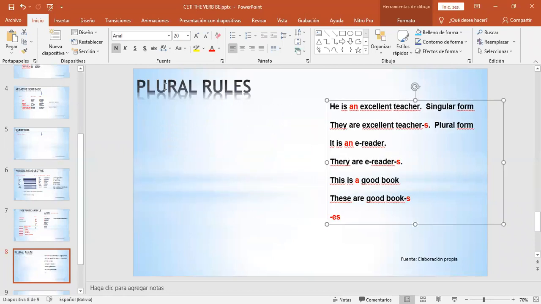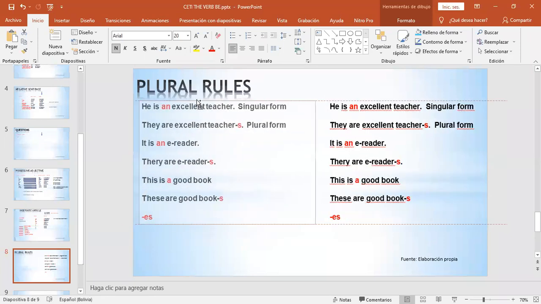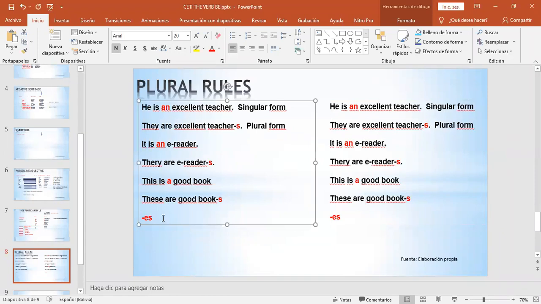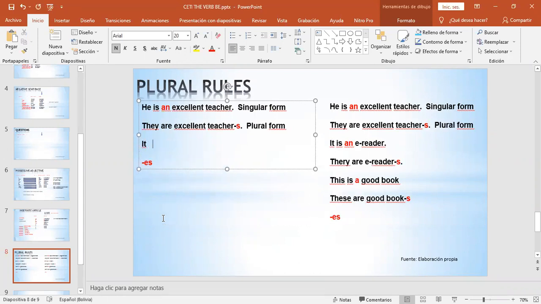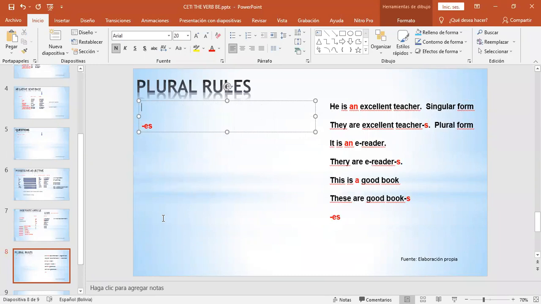Okay, in order to explain that, I will tell you plural rules. What does plural rules mean in Spanish? It means reglas. Reglas en plural. Yes, that's right. That is the meaning, okay? And I will explain when do you use ES.